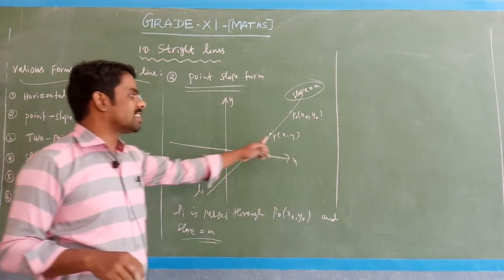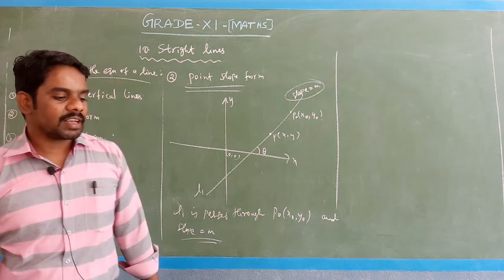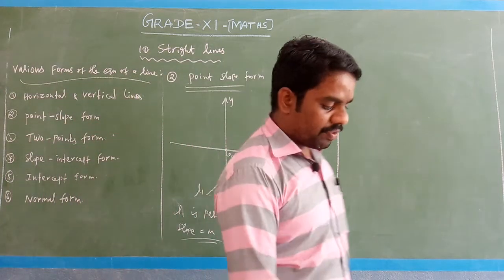And here P of x comma y is a parameter point.